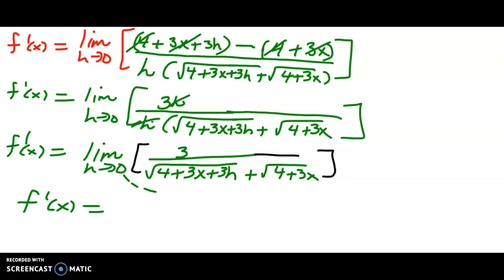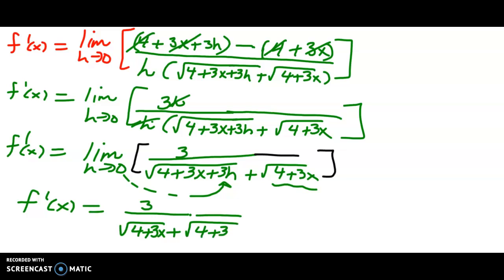So as h goes to 0, I know this term would go to 0, so I'm left with the square root of 4 plus 3x. There's no h term, so that means I'm just left with the square root of 4 plus 3x again, which simplifies to square root of a root plus the square root of the same would give us 2 square root 4 plus 3x. And this is your equation for the slope of any tangent line for any x value.